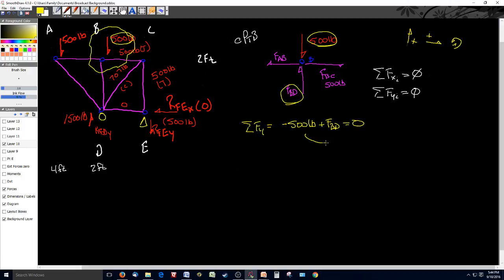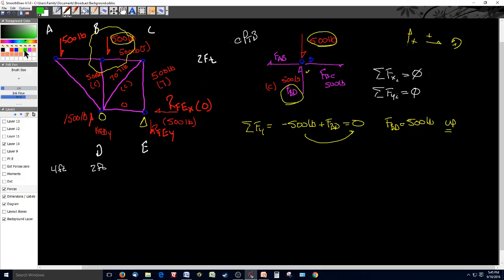All I have to do is shift my 500 pounds to the other side, change the sign, and then I get that FBD equals 500 pounds, or up. So my vector is correct right there. Let's go ahead and write that on our little diagram, 500 pounds. Let's also update our master force diagram and put it in here as 500 pounds. That is in compression, meaning it's pushing the point, so compression.